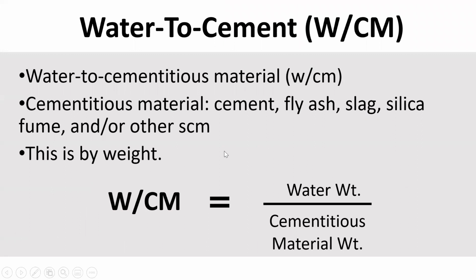Usually when you talk about water, people focus a lot on the water to cement ratio: how much water you have compared to the amount of cement in that concrete. It's like whitewashing when you paint.